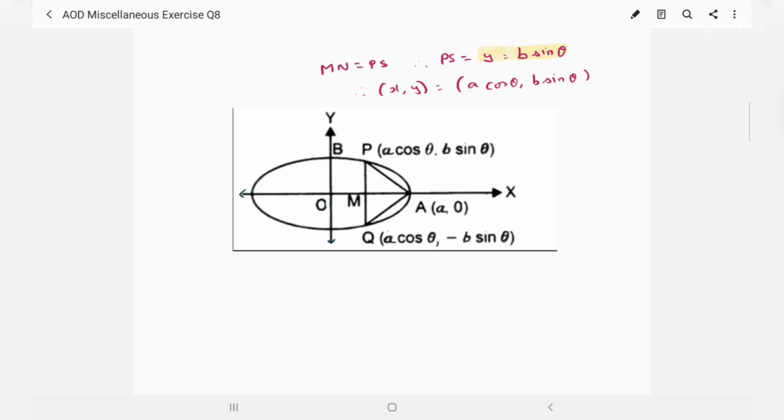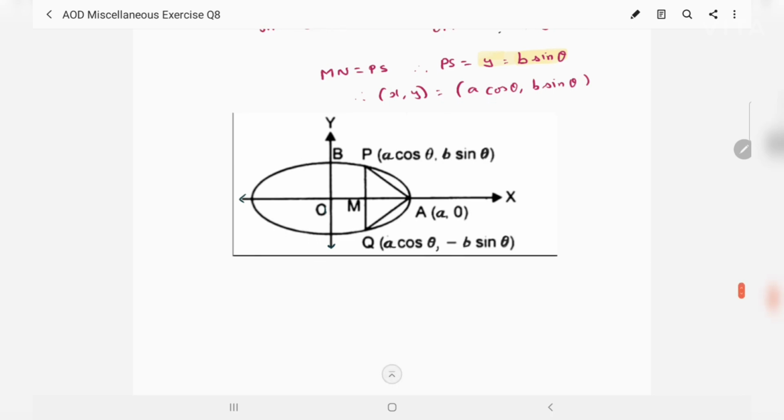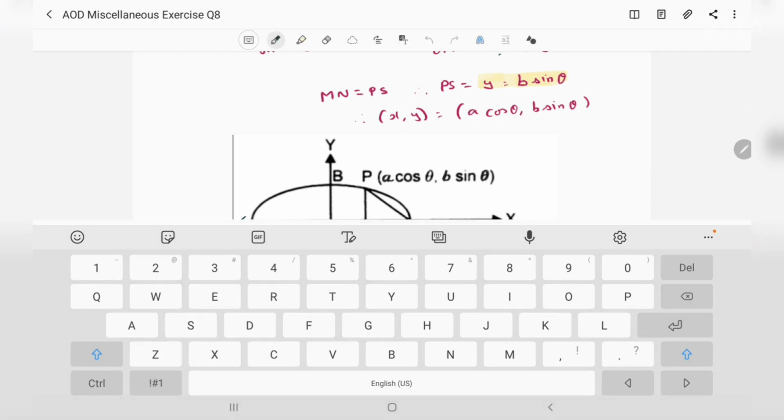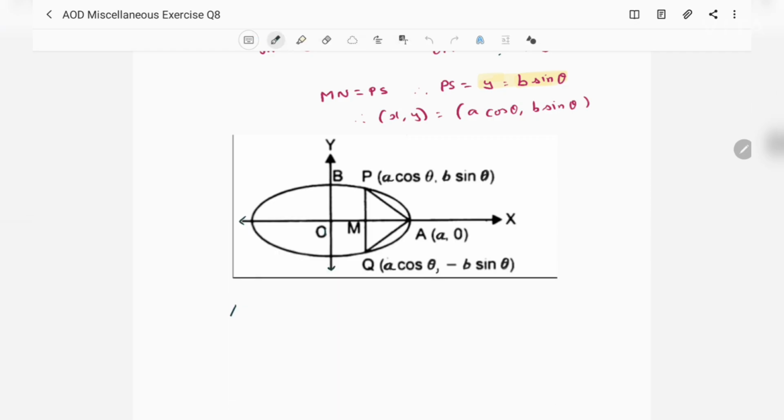We have seen that triangle APQ is an isosceles triangle and our objective is to maximize the area of the triangle. So the area of the triangle, capital A is area of triangle APQ.